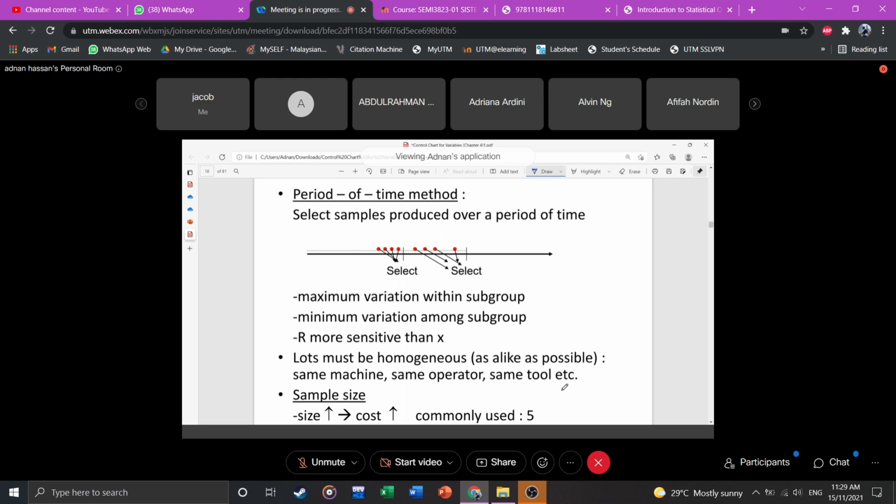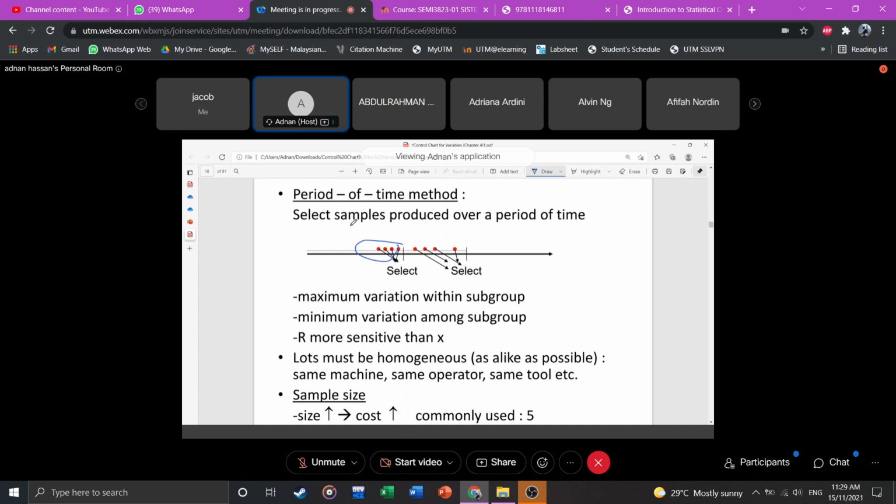Okay, samples are produced over a period of time. So we take this, I think it's clear now. I repeat this many times already. So in this case, R is more sensitive. Why? Because you have a longer period.